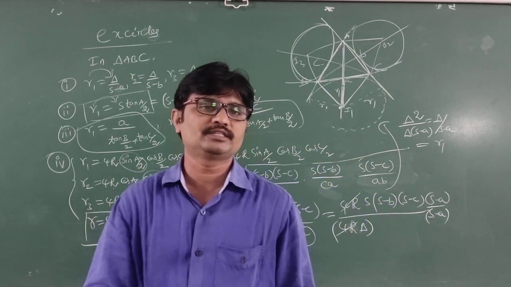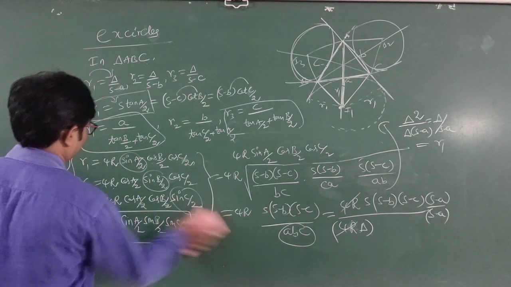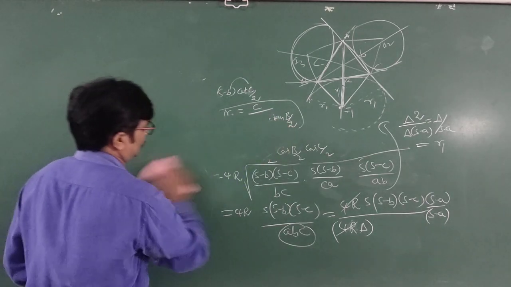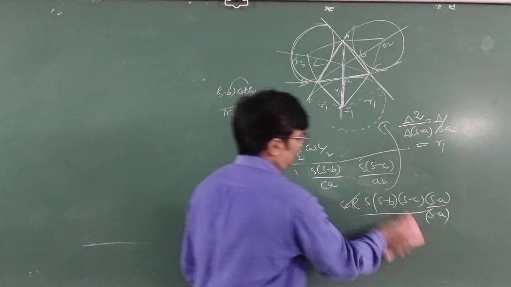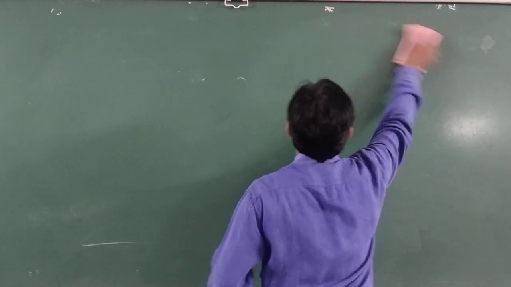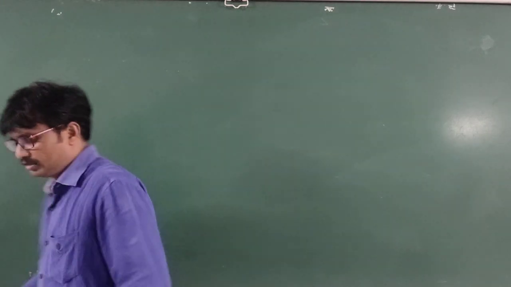Finally, the small r is 4R sin(A/2) sin(B/2) sin(C/2). Okay students, now we are going to discuss the formulas related to the excircle. Before, we discussed the formulas about the incircle.